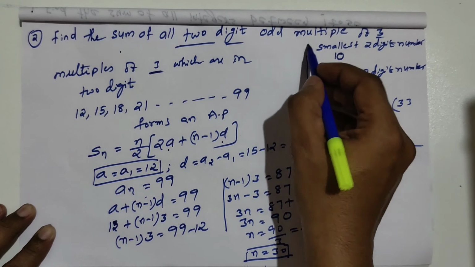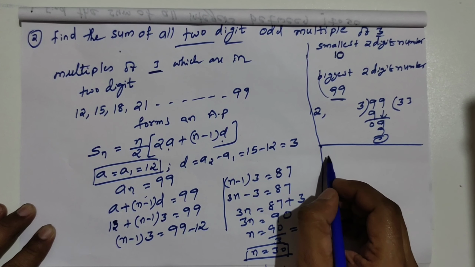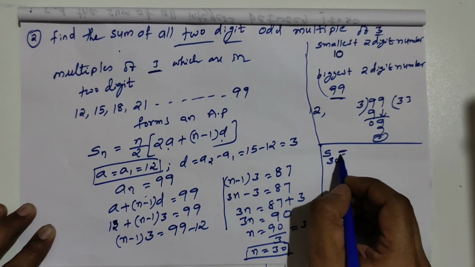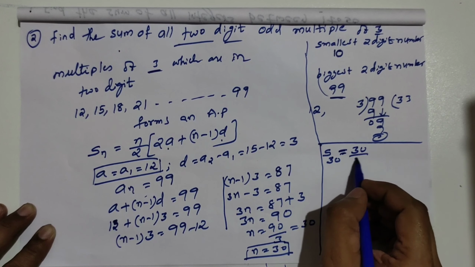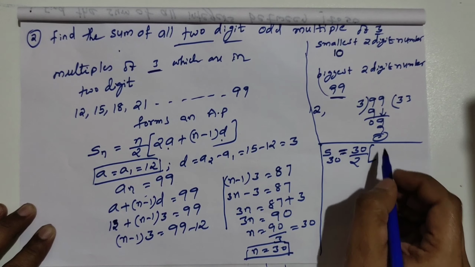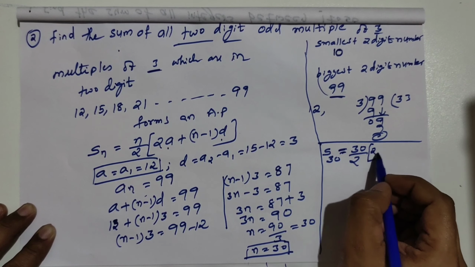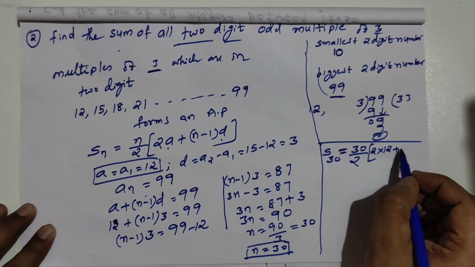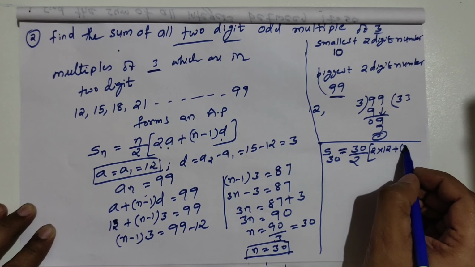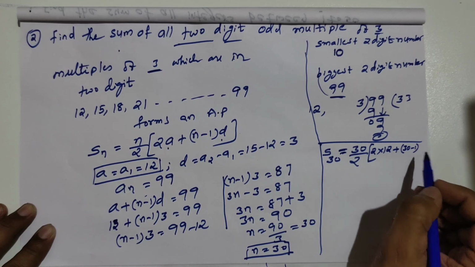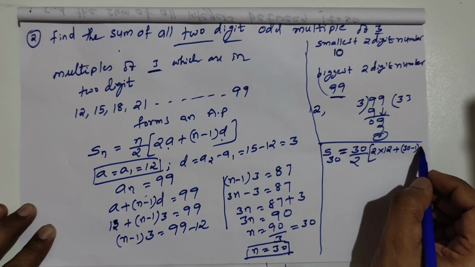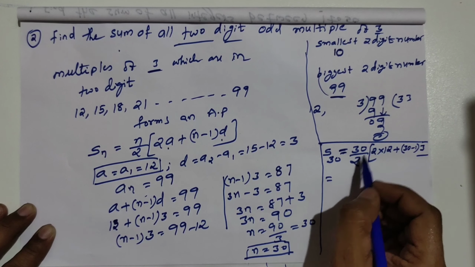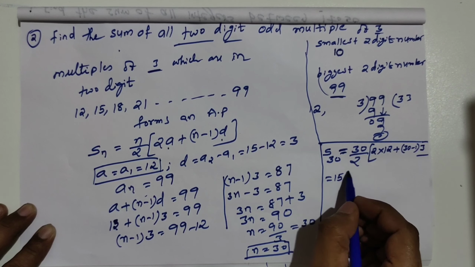Now here we need to find Sn, that is S30. Simply substitute all the values. S30 is equal to 30 by 2 into 2 into a, that is 2 into the a value 12, plus n minus 1, that is 30 minus 1, into, again, 3. Now 2 15s are 30, so we get here simply 15.